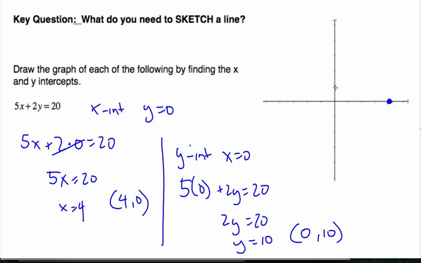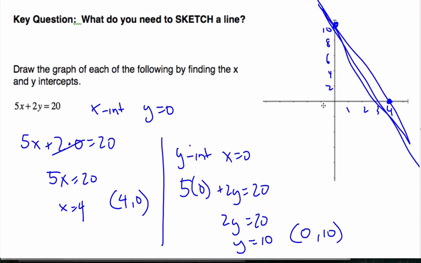If I go 2, 4, 6, 8, 10, here is my y-intercept. I connect the two, which is hard to do on the screen, and I get my line. If I get 2 points, I can draw the line, and I wanted to do it by the x and y-intercepts.